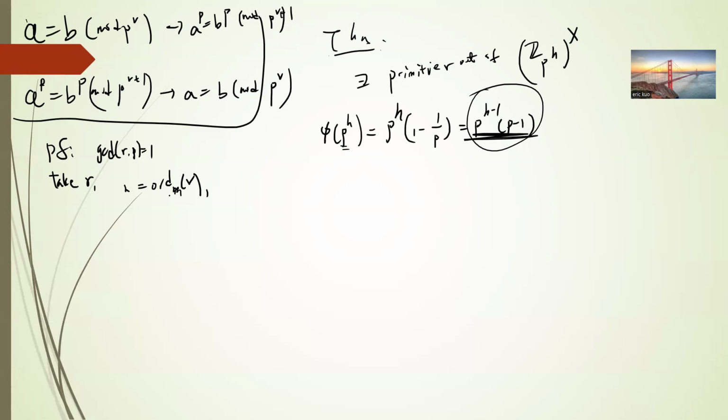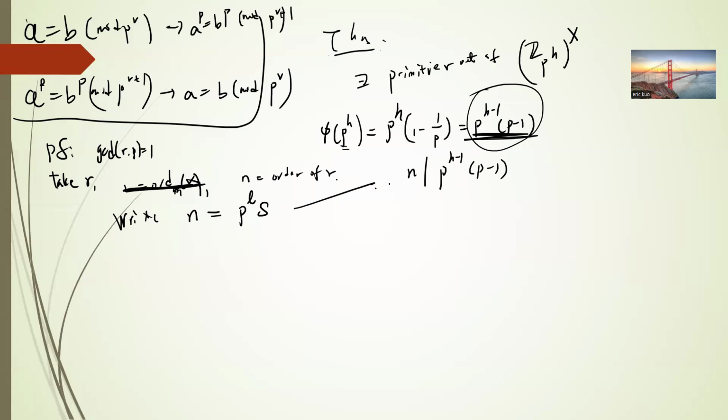So let's say n is the order of r. What this says is that n must divide p^(h-1)(p-1), right? So let's write n as p^l times s.